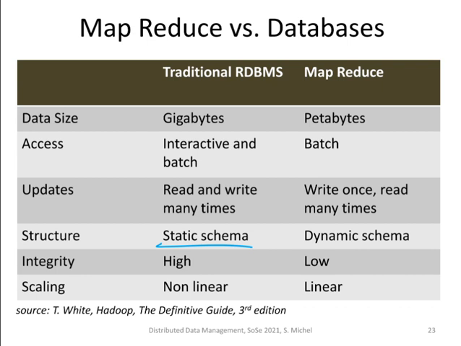So in terms of scaling, the MapReduce framework should scale linearly, whereas the traditional database system is supposed to scale only nonlinearly. But again, these are only two sides of the spectrum, and it depends, of course, also on the algorithms you're implementing inside MapReduce.